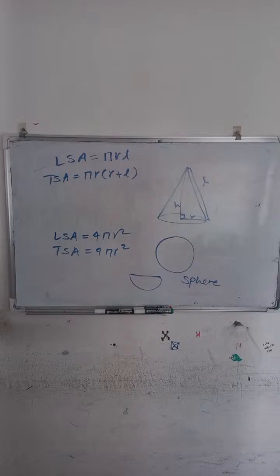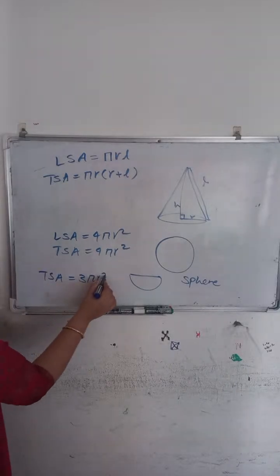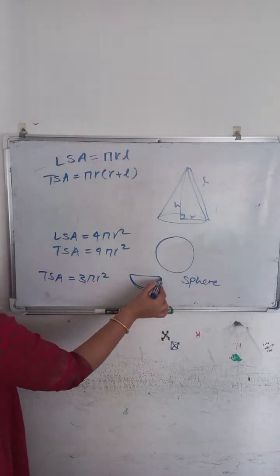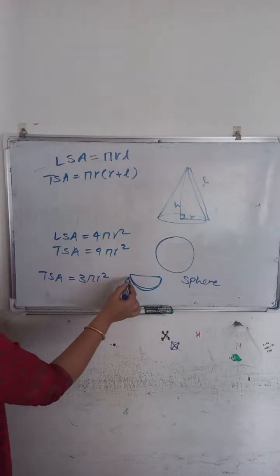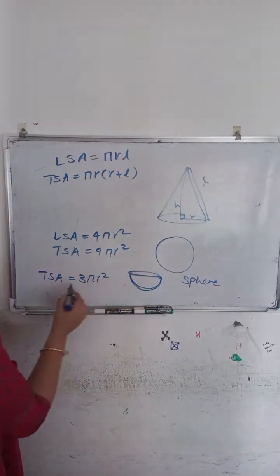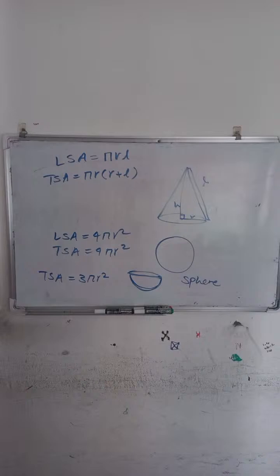The TSA of a hemisphere is nothing but 3 pi r square, because it is the total surface area, the curved hemisphere plus this circle also. So 2 pi r square plus 1 pi r square is 3 pi r square.